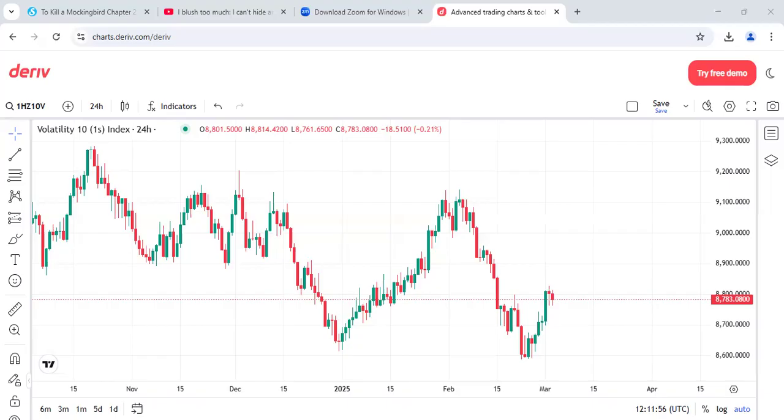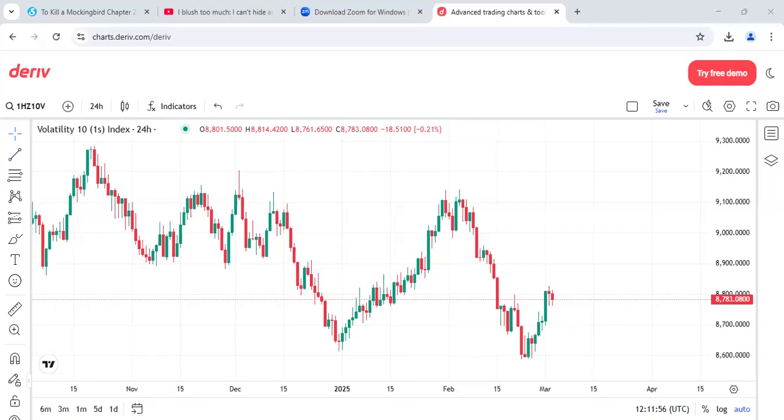GBP pairs are best traded at London time. But for indices, you can trade anytime.